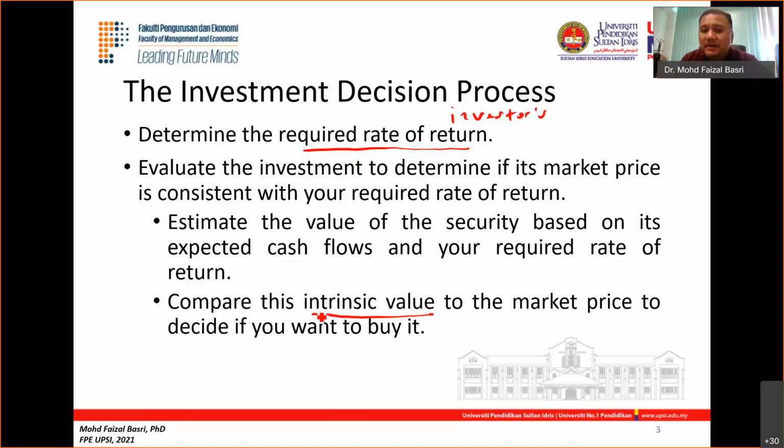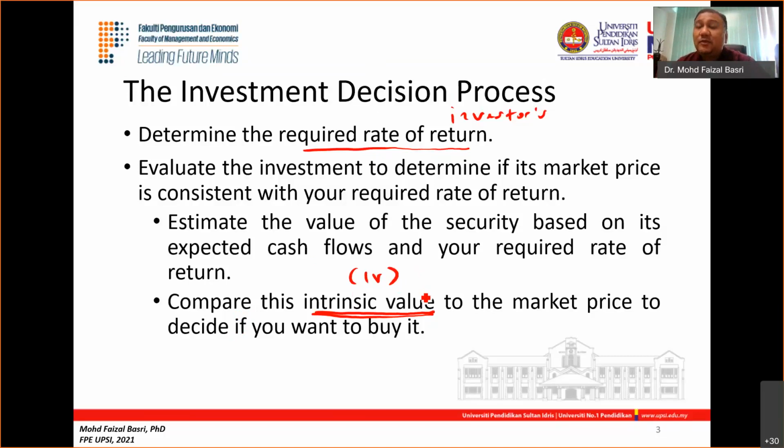This would be our measurement when we want to decide the value of the investment. Intrinsic value, we usually label as IV.